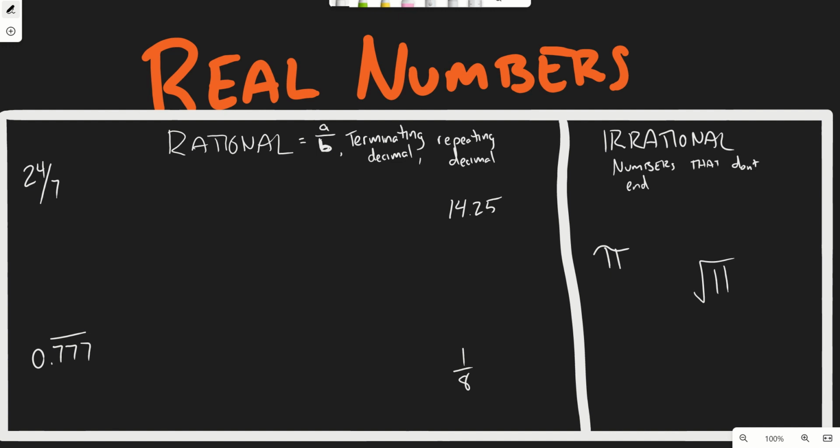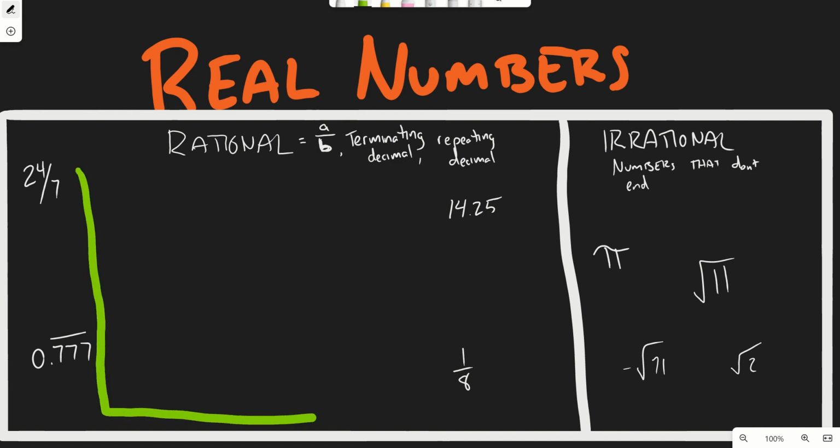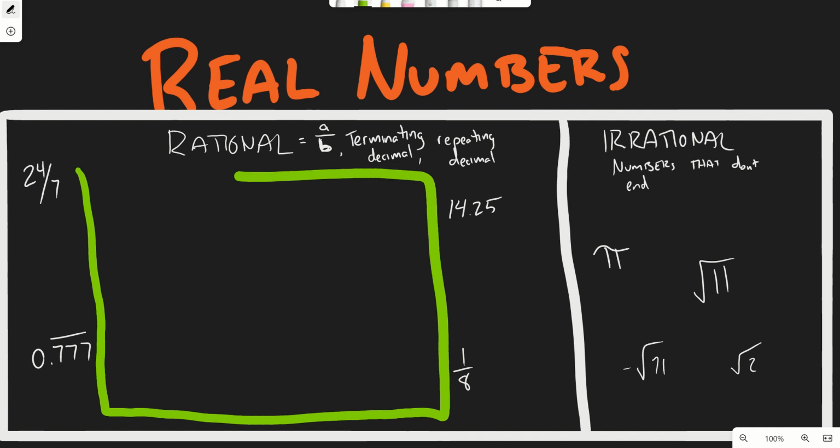Non-perfect square roots, like the square root of 11, is irrational. There's no ending to that answer. It goes on forever and ever. So this would be an irrational number, or the negative square root of 71, or the square root of 2. Things like that would be irrational. Irrational goes on forever, rational stops.